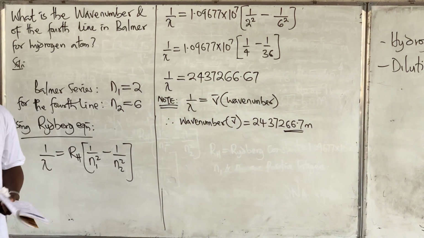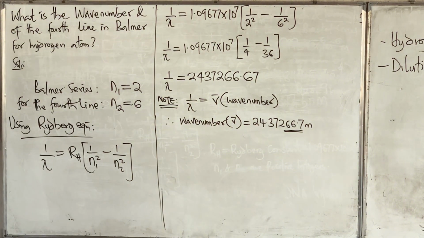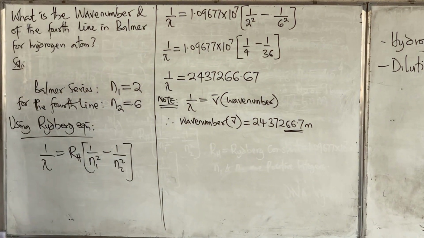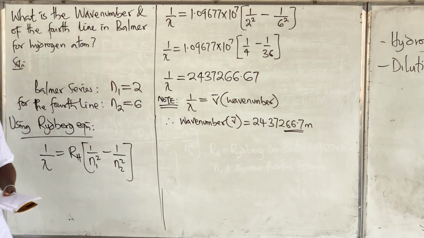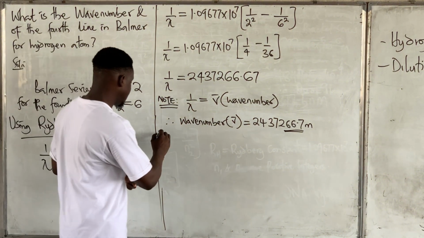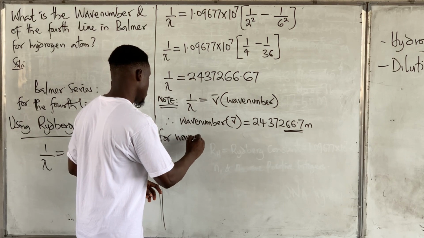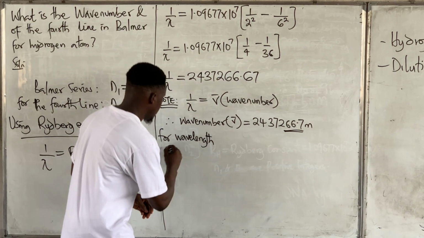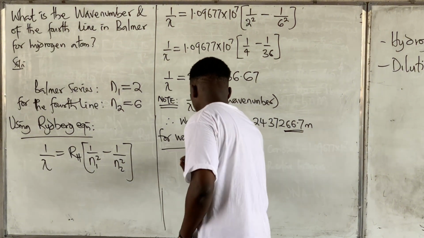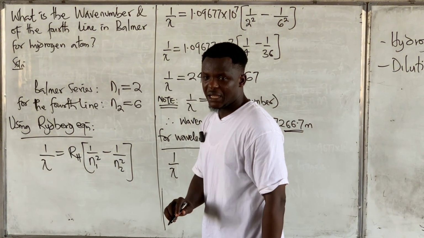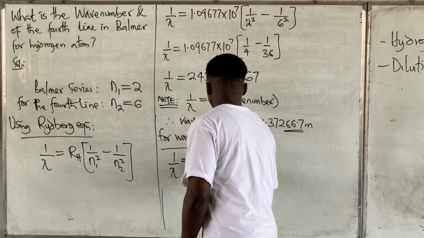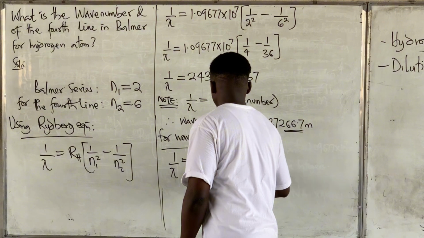Now, okay? So let's solve for the wavelength now. Remember they said wave number and wavelength. So what we just solved for is the wave number. If you want to solve for the wavelength, from here, 1 all over lambda is equal to 2437266.67.